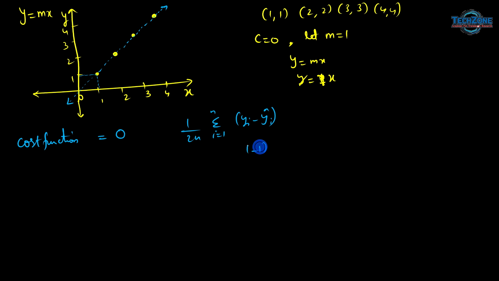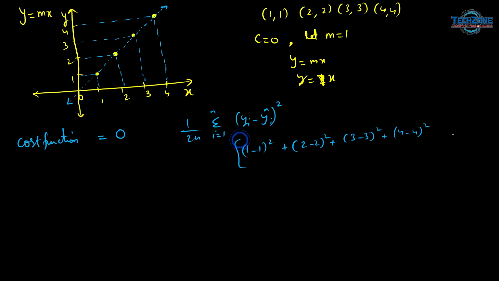So 1 minus 1, don't forget the square, plus actual value is 2 and the predicted value is also 2. So it is (2 minus 2) whole square. Actual value is 3, predicted value is also 3. So it is (3 minus 3) whole square. Actual value is 4 and the predicted value is also 4. So it is (4 minus 4) whole square, right?